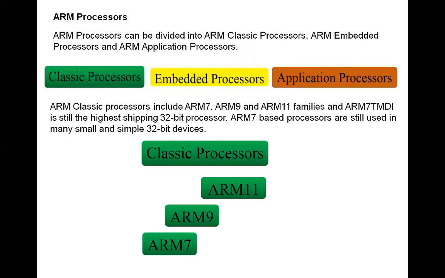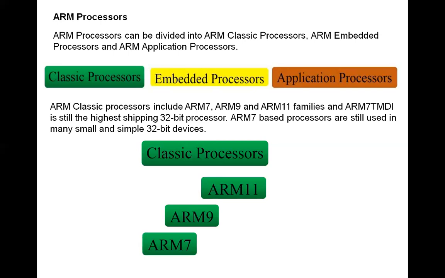So here I gave you a brief summary about ARM processors. The ARM family is classified into ARM classic processors, embedded processors, and application processors. I am telling you one by one.